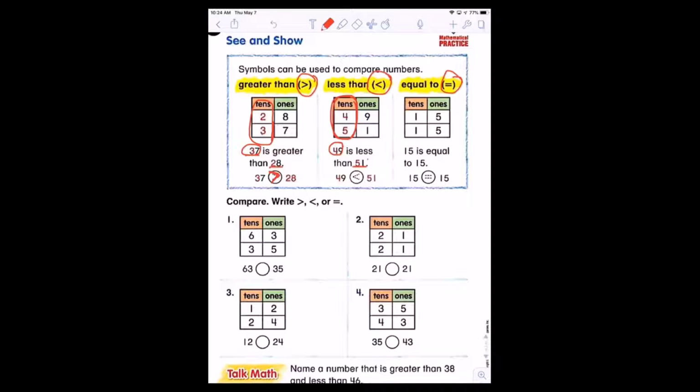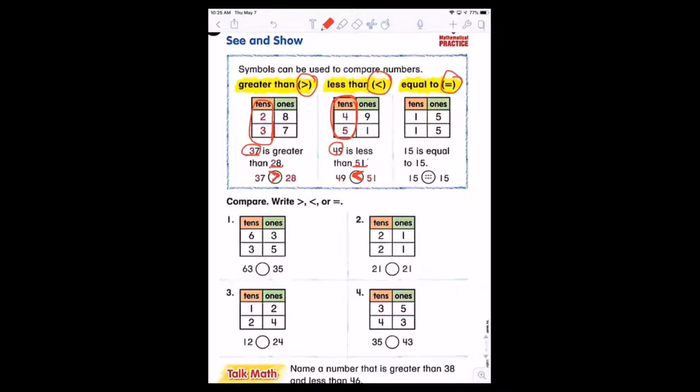Okay, there would be 4 groups of 10. So now look, our symbol is facing that way. Okay, remember the mouth open is always facing the bigger, the greater number.